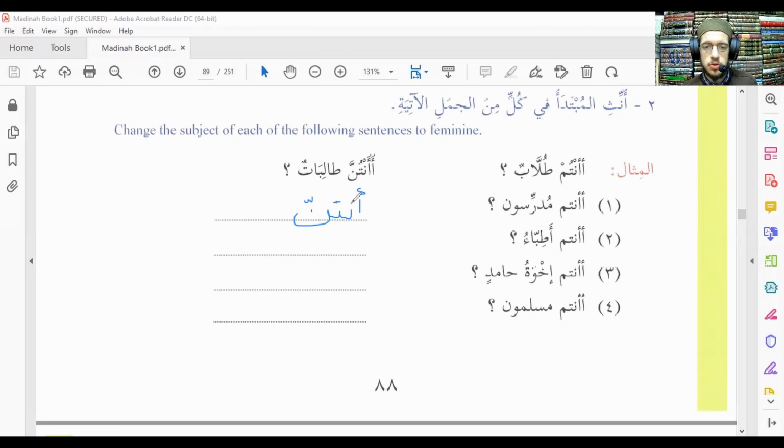Okay, I'm going to use shorthand here, because in Arabic the shorthand is with lines and carets instead of dots, and dots take a little bit too long. أنتن, and what's the sound? This is a sound masculine plural, مدرسون. What would the sound feminine plural of مدرسون be? مدرسات. مدرسات.